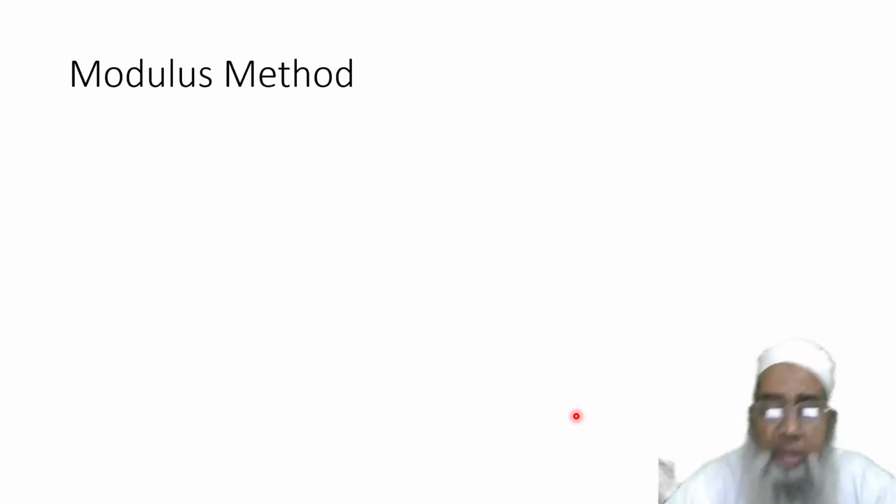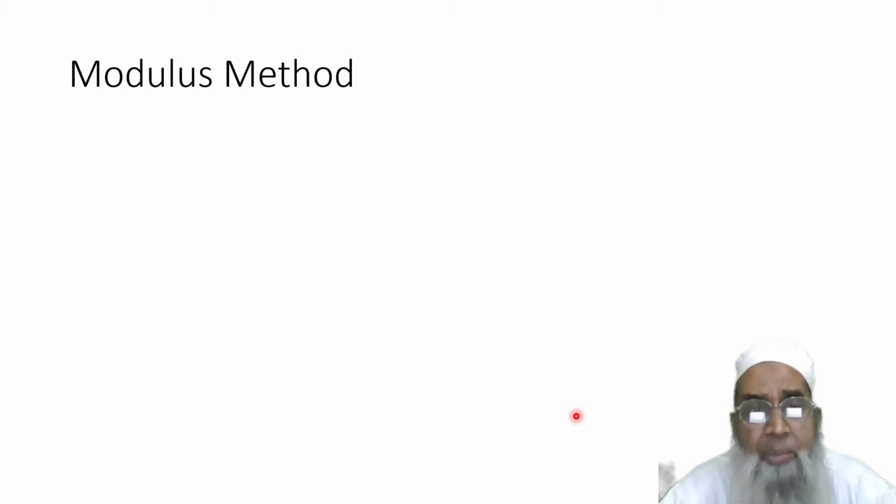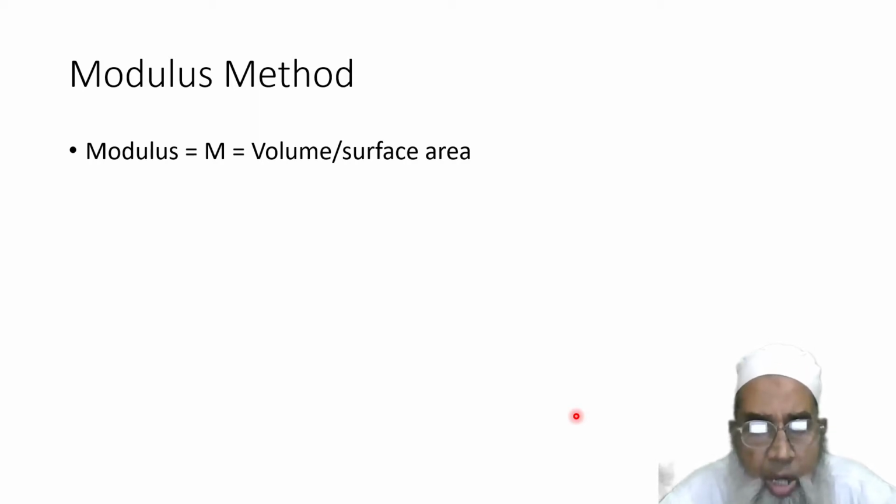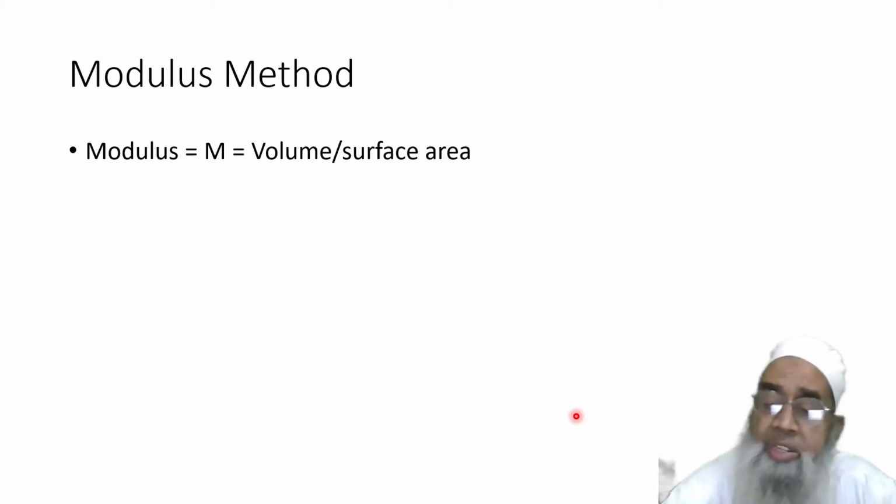Now we can also use another, further simplified method, which we call the modulus method. Here modulus is nothing but volume upon surface area. The square of this modulus gives the solidification time for the sand casting.